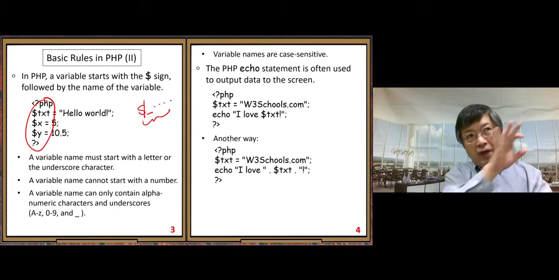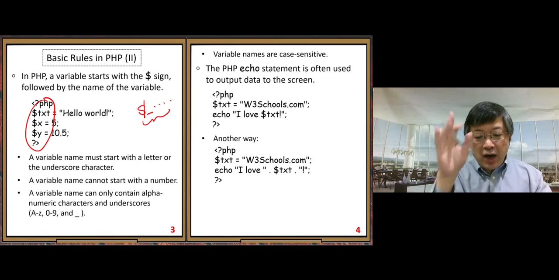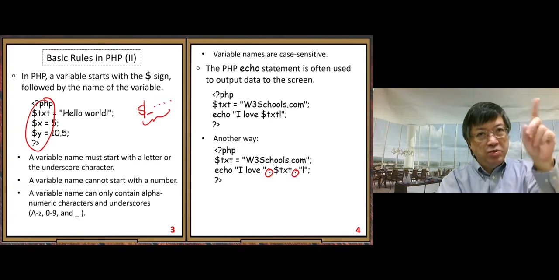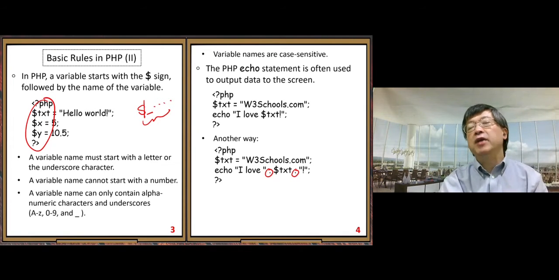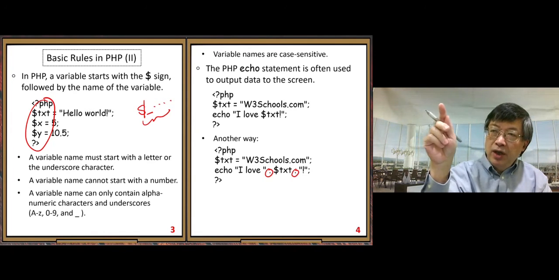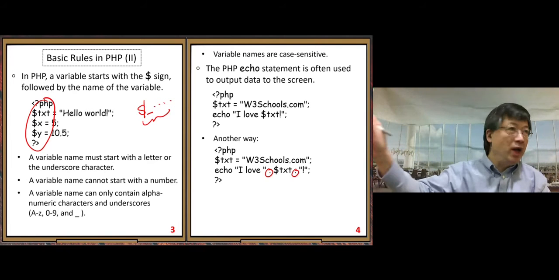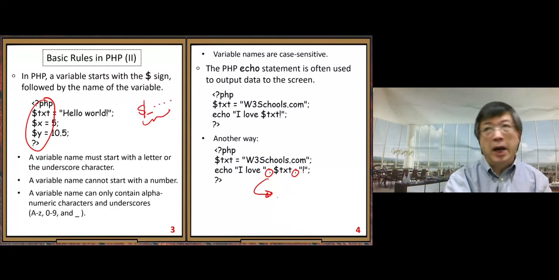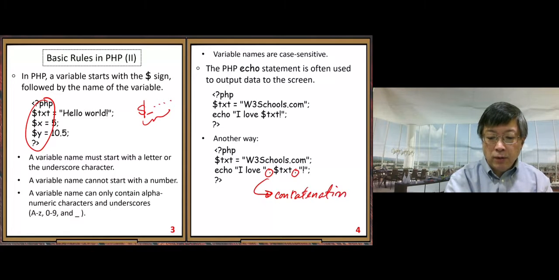We want to do the same thing, but this time, look, this dot operator in PHP has a very special meaning for strings. When you use the dot operator in string manipulation, the meaning is concatenation.